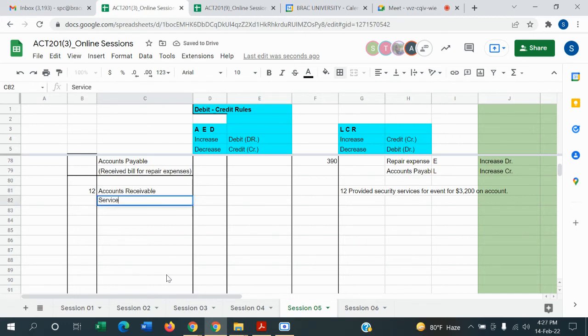Any confusion or anyone who does not agree? Accounts receivable is an asset. You provided services on account, that's why accounts receivable. And for service provider, service revenue. Accounts receivable is an asset, increase should be debit 3200, and service revenue is a revenue, increase should be credit 3200. What should be the explanation?